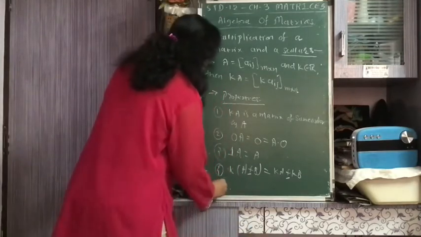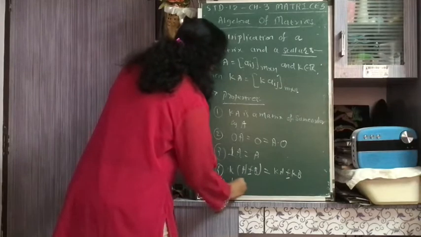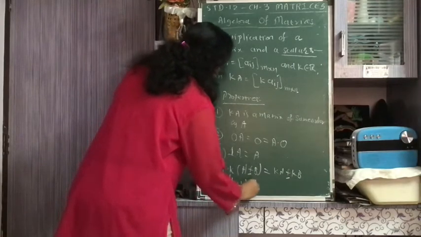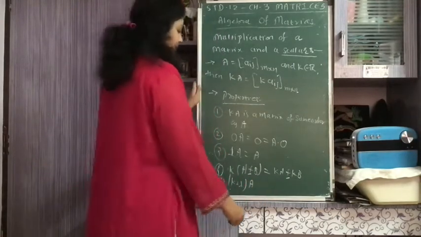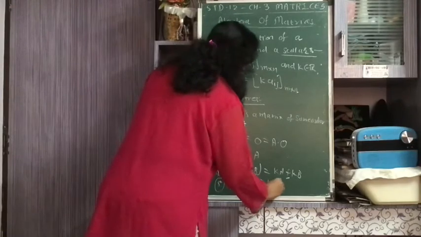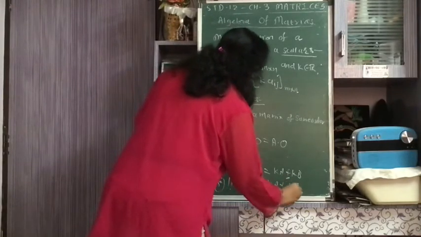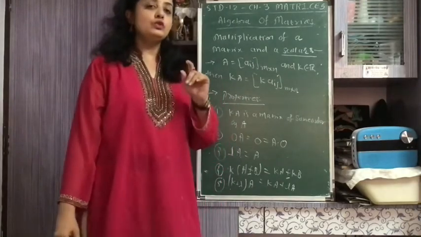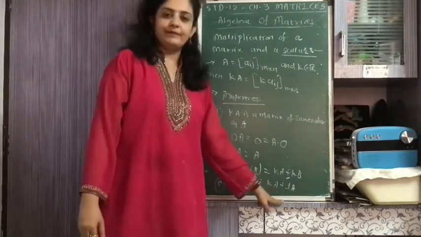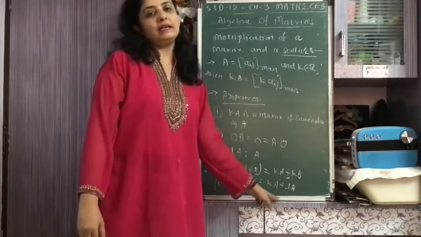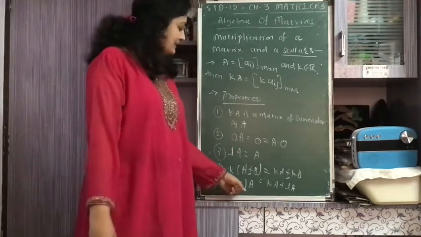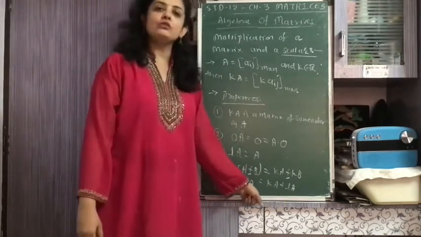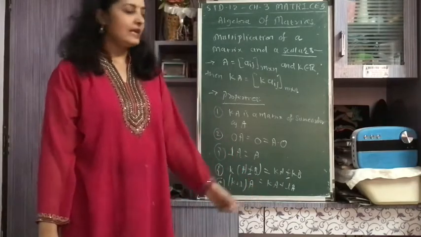In the same way, if k and l are scalars and A is a matrix, then (k plus l)A is kA plus lA. Just for example, suppose I want to do 2A plus 3A and then ultimately I'll get 5A, or first I do 2 plus 3, 5, and multiply 5 to A, the resultant will be the same.